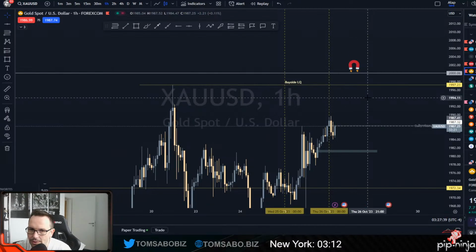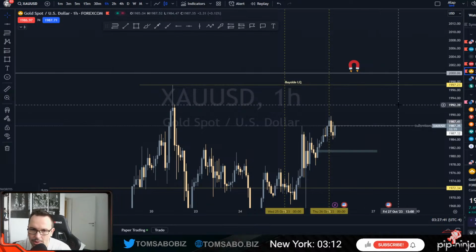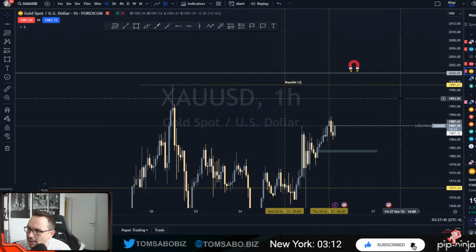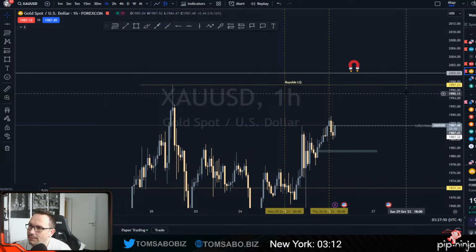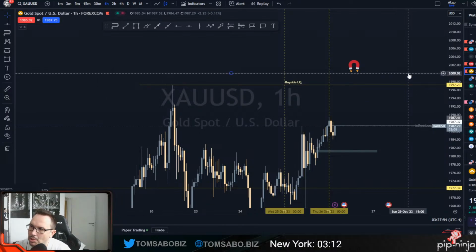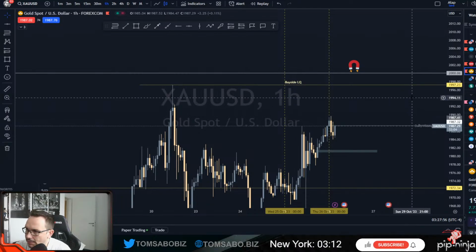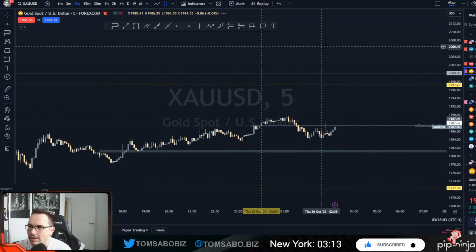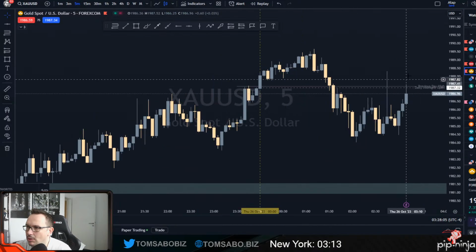So the 94 level would be my first TP if I would go long, but I'm not going to go long even if I want to. 94, then 97. But since we're so close to 2000, if we get through 94, and if you want to leave a runner, I would just leave it until 2000. But we have no signal yet.